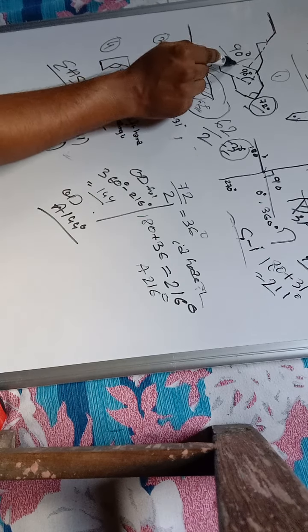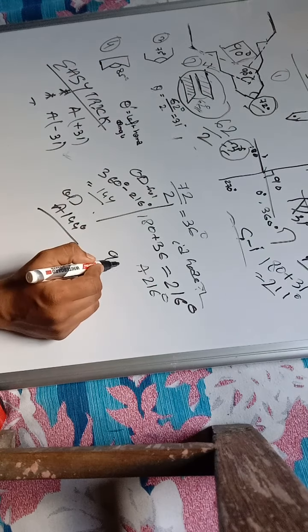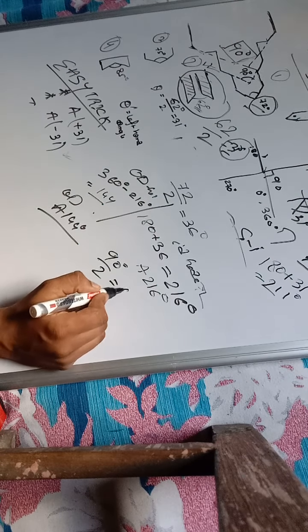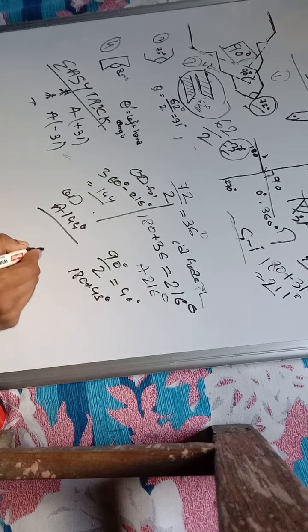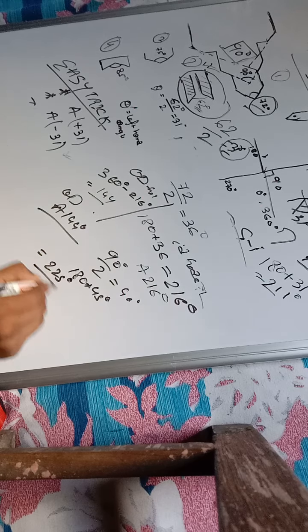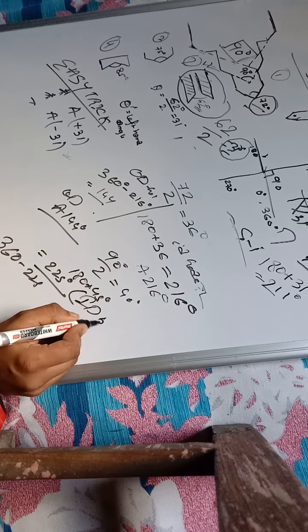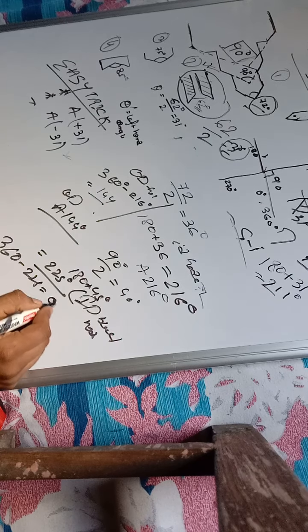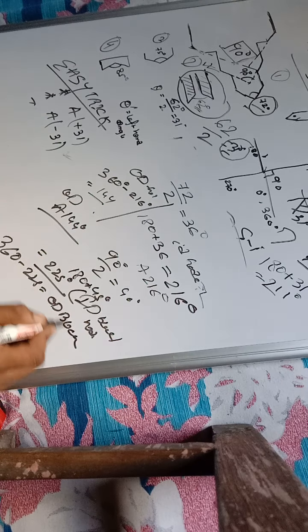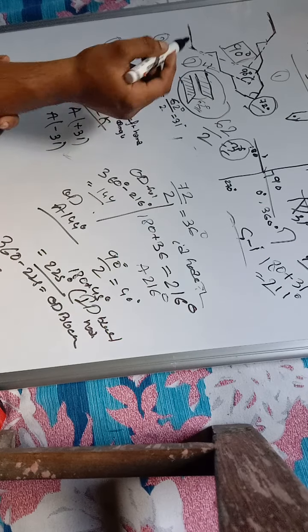For 90 degree, the half is 45 degree. You simply add 180 degree plus 45 degree, that will be 225 degree, and 360 degree minus 225 degree. That will be done by the ID holder, and the remaining value by the OD holder. In this way we can find various angles.